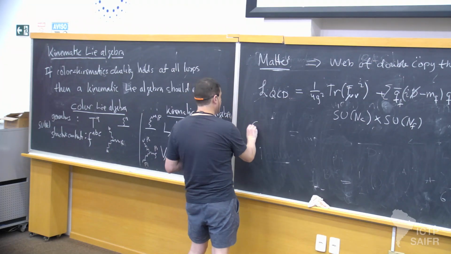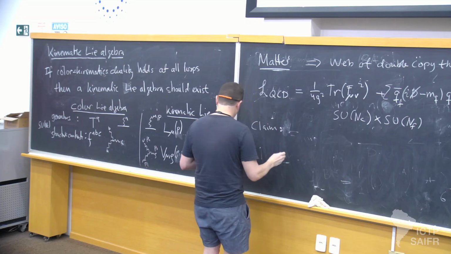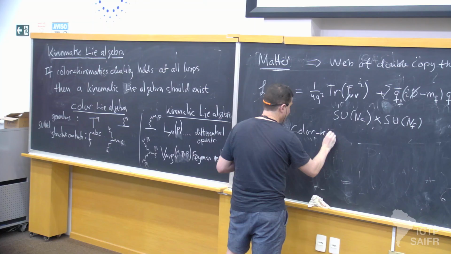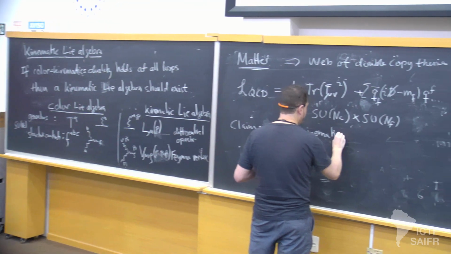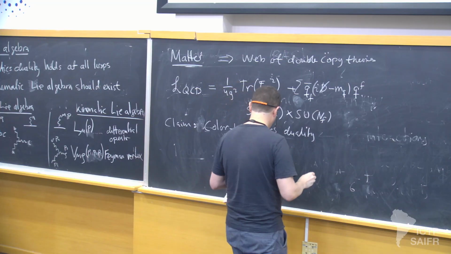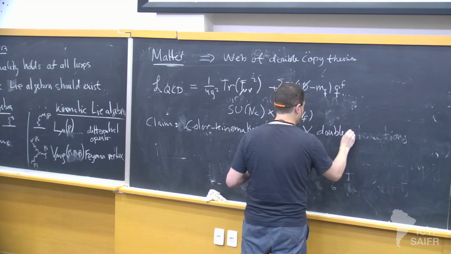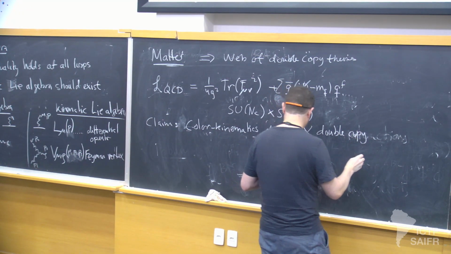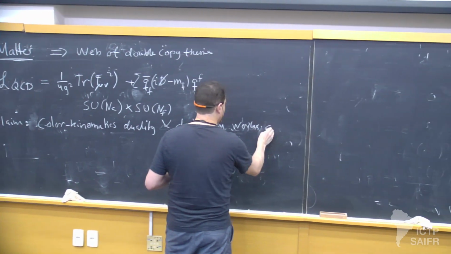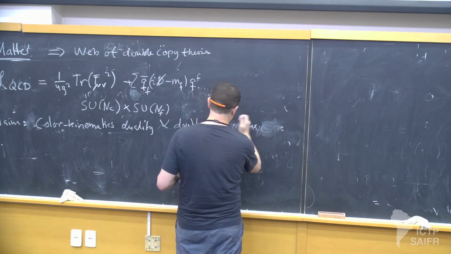But the claim is that Color-Kinematics Duality seems to work, and double copy works, at least at tree level. Well, let's say it seems to work.